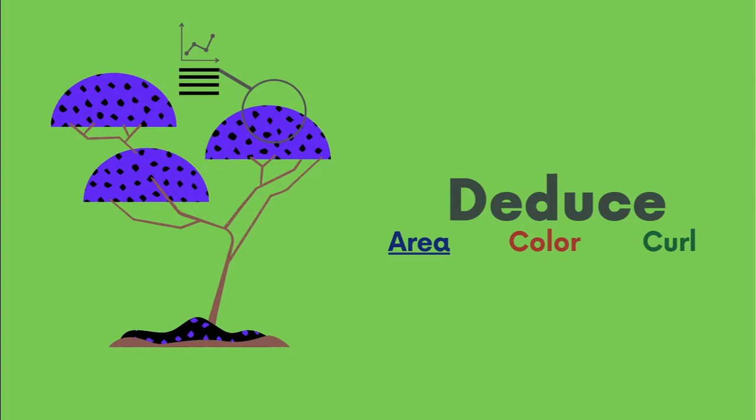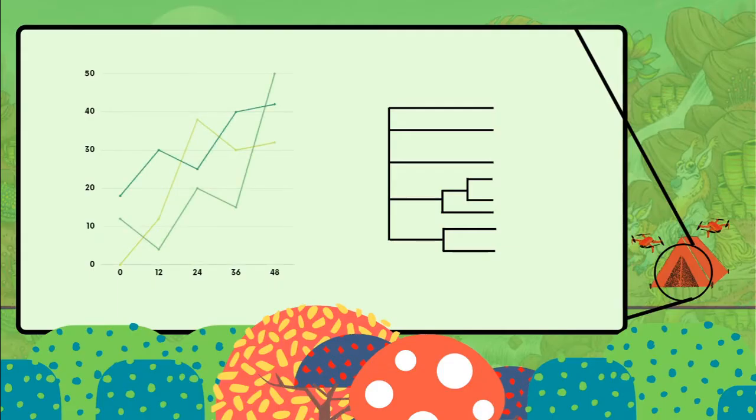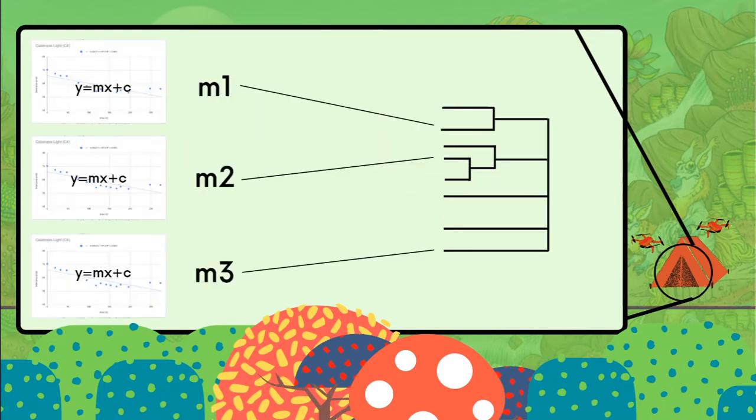Now we move on to the deduction, or the part where we take the data that we have and deduce a hypothesis from it. So in the area part, we had the mammoth job of correlating this change in area with the phylogenetic tree. And we were thinking how to do that. We needed a single variable, and we found it using the slope of a linear fit of the points that we got.